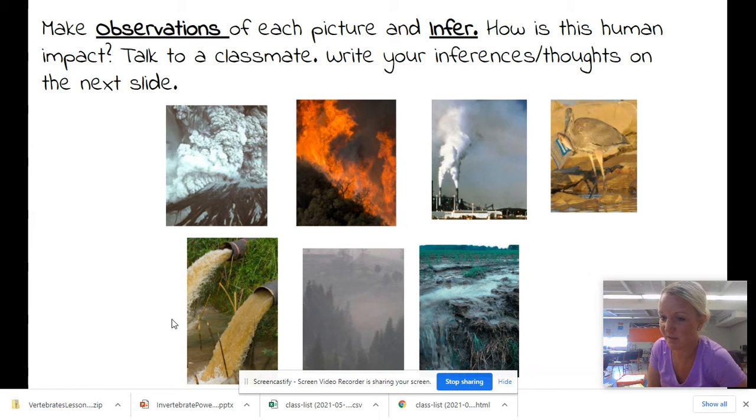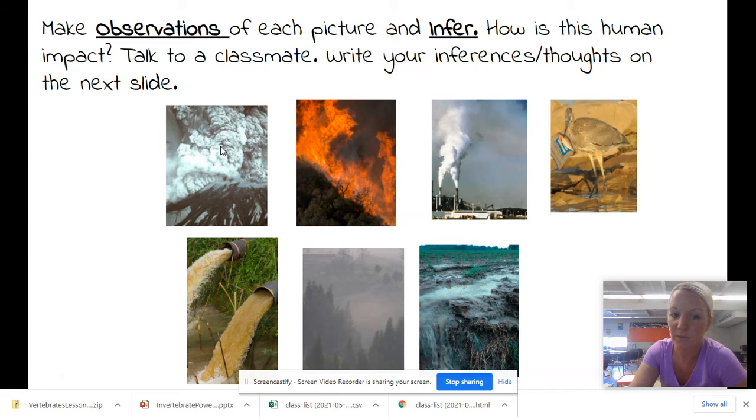Maybe how did it affect the soil? How did it affect the animals or the plants or that body of water? The cause should be, what did the human do that was a no-no, bad? And then what is the effect and how it involved those poor organisms?